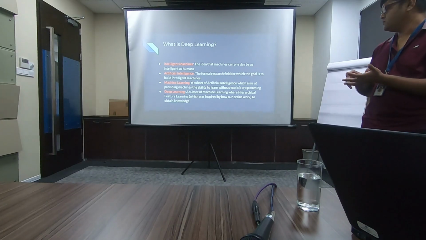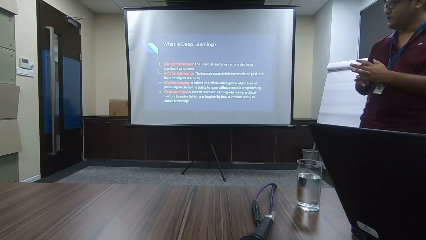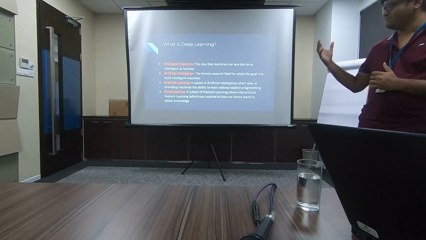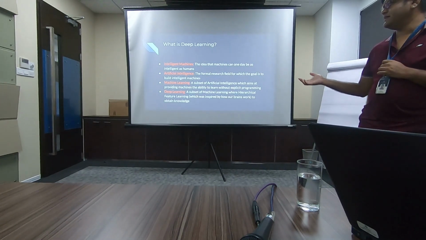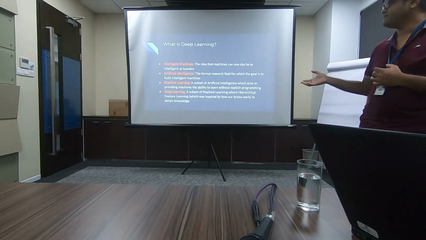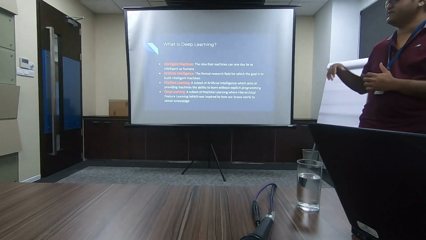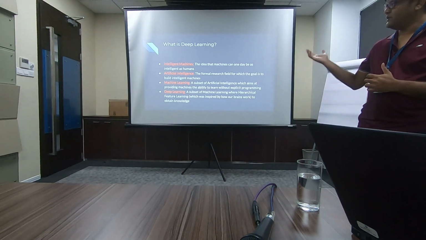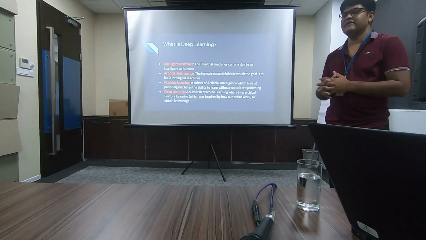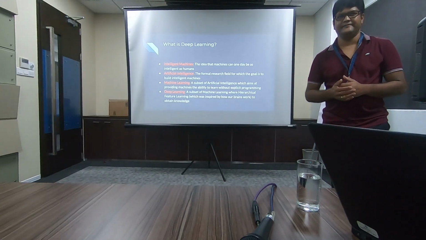So, as you can see, deep learning is a subset of machine learning which uses hierarchical feature learning, and machine learning is itself a subset of AI, and all of these are trying to achieve the ultimate idea of building intelligent machines.